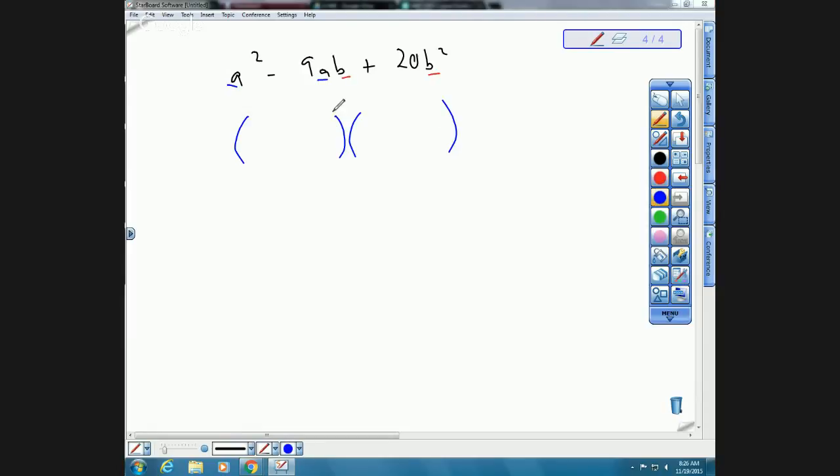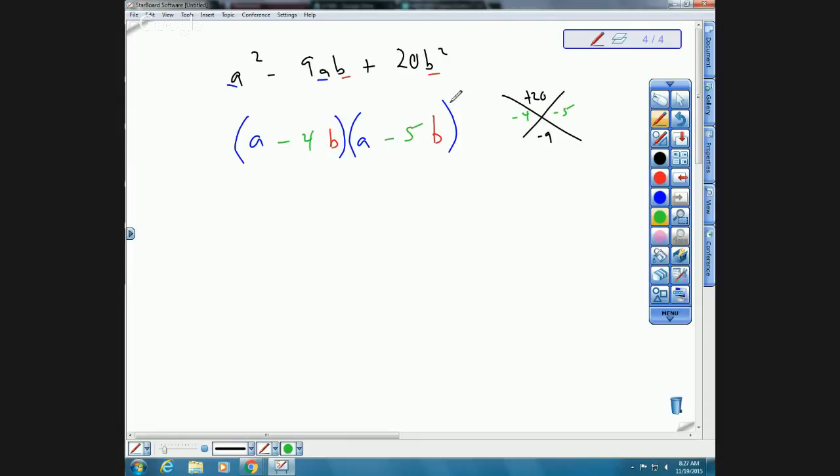So really what you can do is just a on the left side and b on the right side, because a times a will give you a squared and b times b will give you b squared. So now you look at, okay, what multiplies to be 20 and adds up to be negative 9. Negative 4 and negative 5.